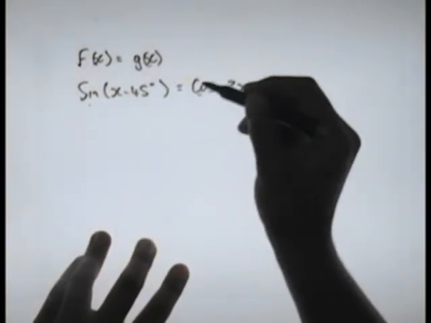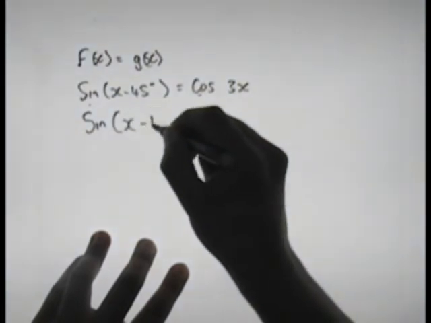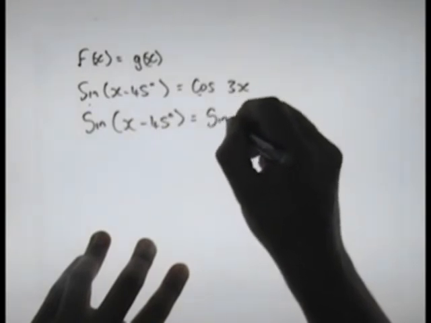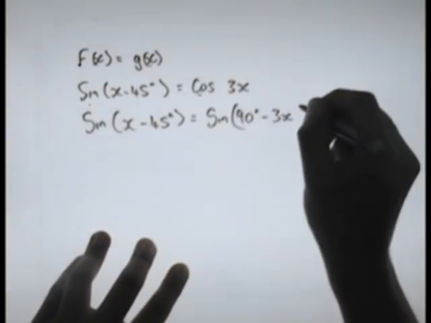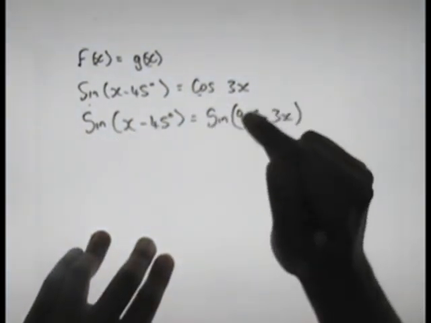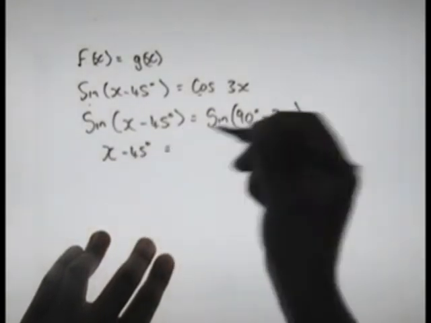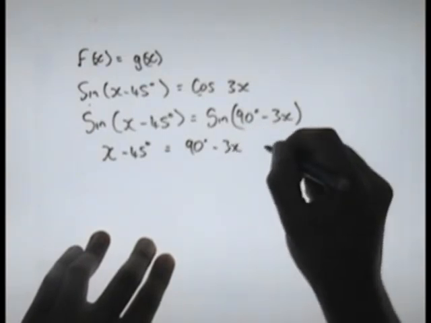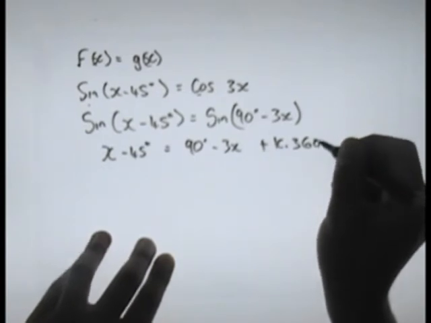Problem: sine and cos are different functions. I'm going to make it sine of x minus 45 degrees is equal to sine of 90 degrees minus 3x. Now I can drop my sines. x minus 45 degrees is equal to 90 degrees minus 3x plus k times 360, and this is for quadrant 1.